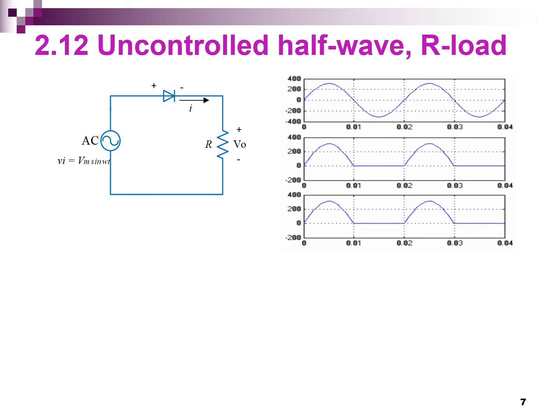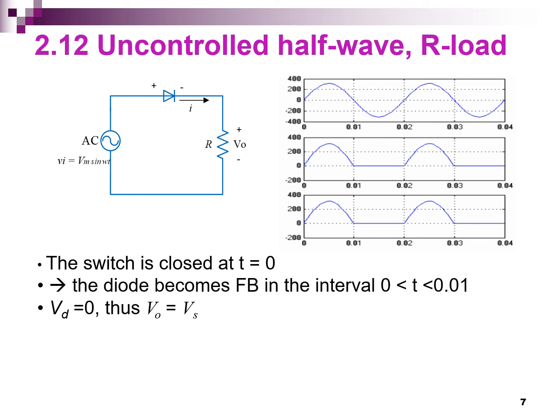Now let's look at how the uncontrolled half wave R load operates again, but this time for both cycles. When the switch is closed at t equal to 0, the diode becomes forward biased in the interval of 0 until 0.01, so the voltage drop VD is 0. Since the diode is conducting, V out equals V in.